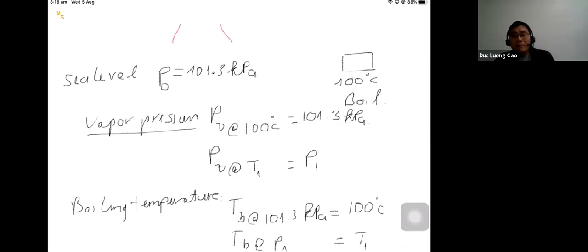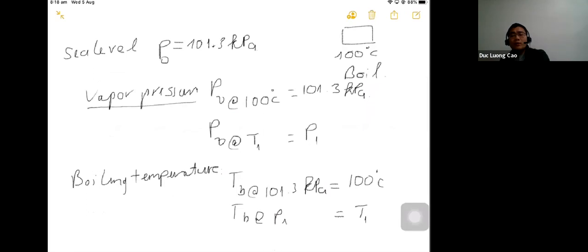Okay, it means if you want to boil water at 100 Celsius, you have to create a pressure of 101.3 kPa. Okay, this one is vapor pressure and boiling temperature. Do you have any question about this one?